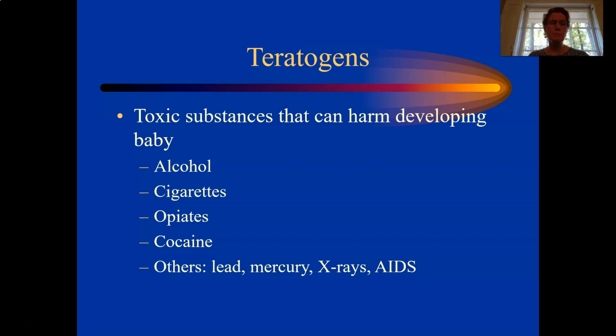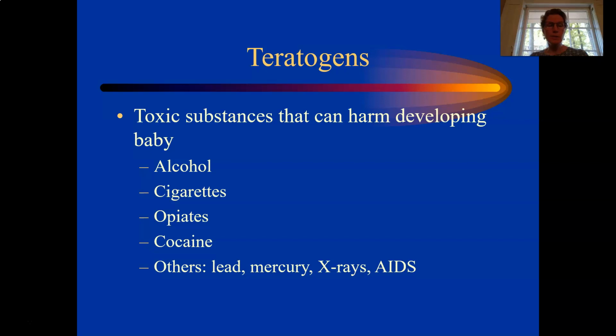So anytime a mother is pregnant, she is exposing her baby to pretty much anything she takes into her body. So any kind of drug is going to affect the baby as well. And for that reason, if someone finds out that they're pregnant, they really should just stop use of any drugs whatsoever, unless it's something that they are using for a medical condition.